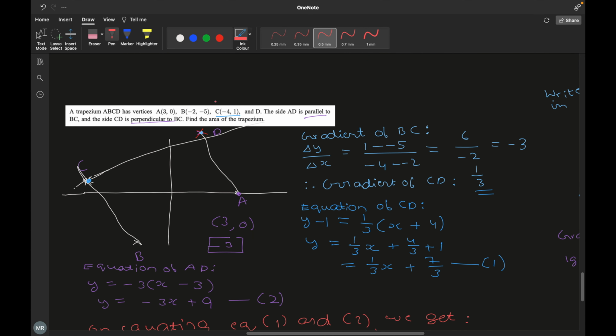So now we have this one, which is 2, 3. A is 3, 0. B is negative 2, negative 5. And C would be negative 4, 1. Now that we know the coordinates of the point D, let's find the area of the trapezium.